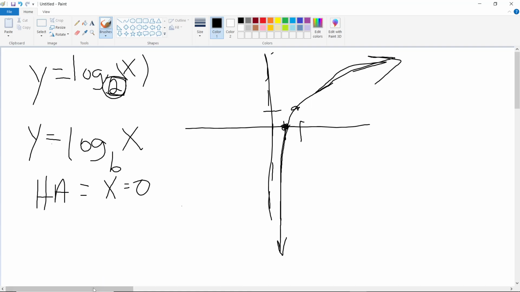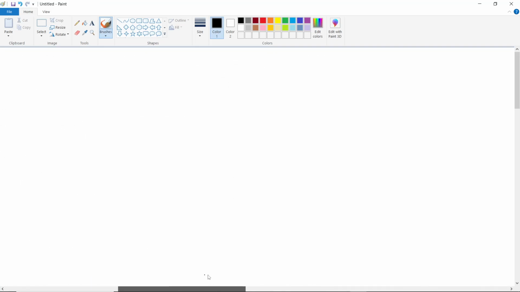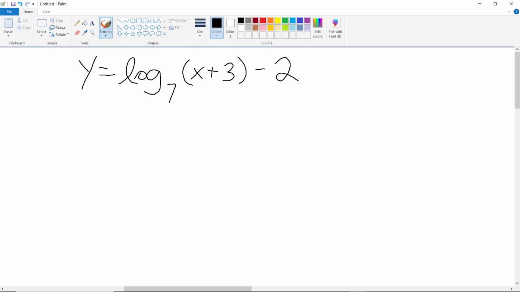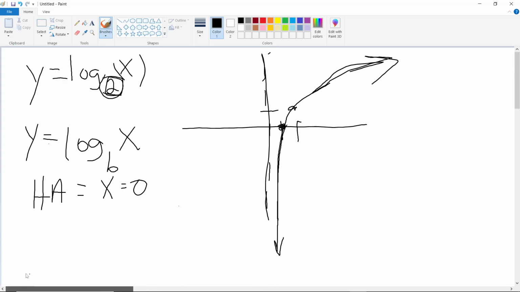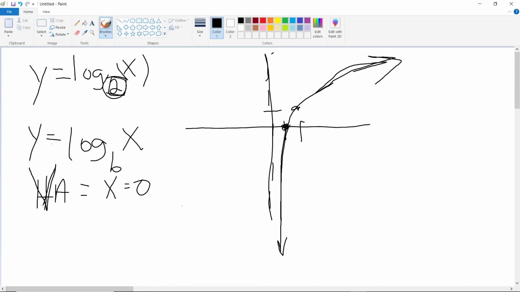All right, so I will check out one here. y equals log base 7 of x plus 3, minus 2. First of all, it's a vertical asymptote. Vertical asymptote goes up and down, not side to side.